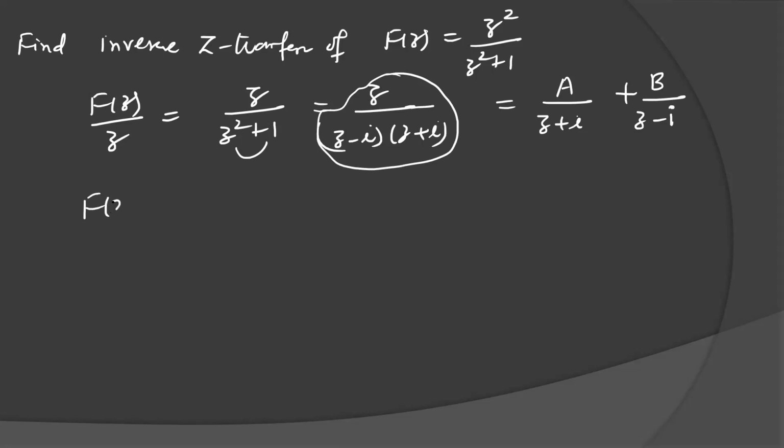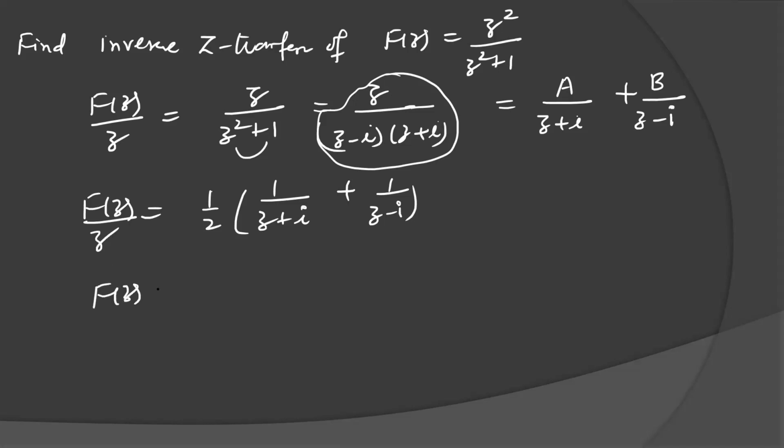If you find the values of A and B, they are 1 by 2 and 1 by 2. So it will be 1 over z plus i plus 1 over z minus i, which if you simplify gives this function divided by z. Now you send the z to the right hand side, it will be 1 over 2 times z over z plus i plus z over z minus i.